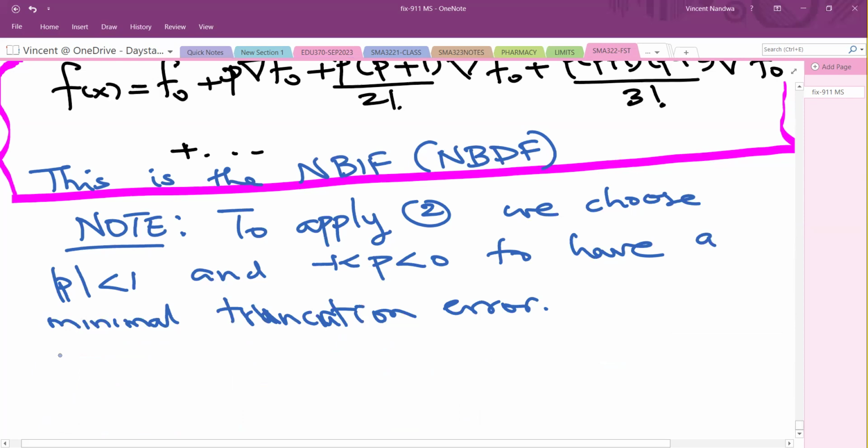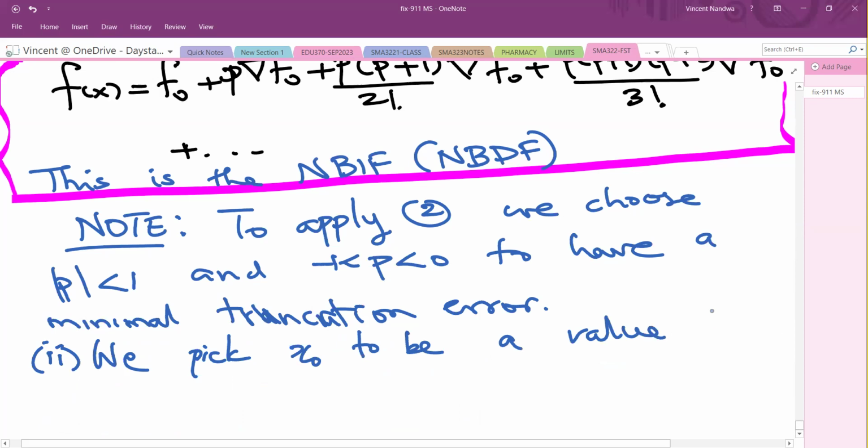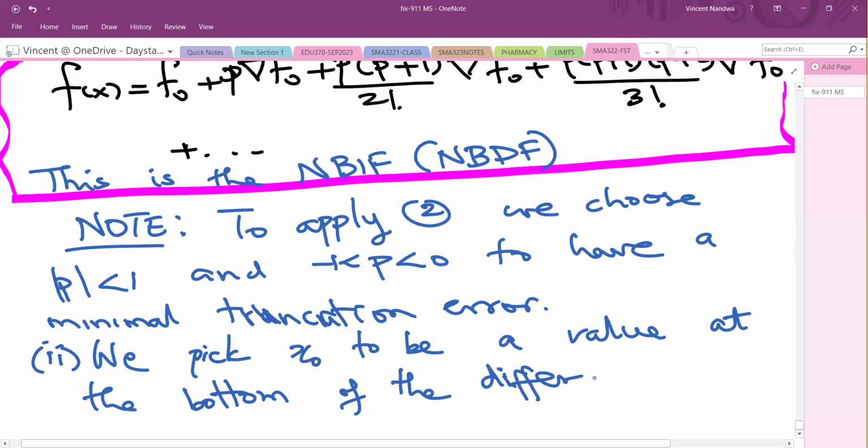And then we pick x naught to be a value at the bottom of the difference table. It is my assumption that the exercise I gave you did it on how to draw difference tables.